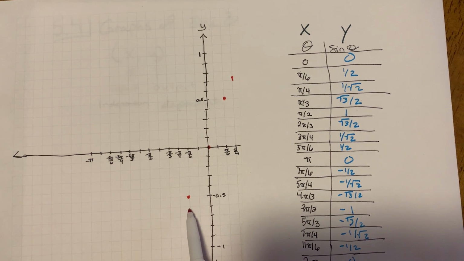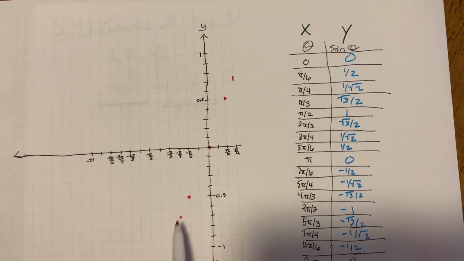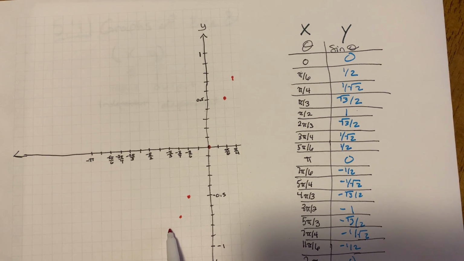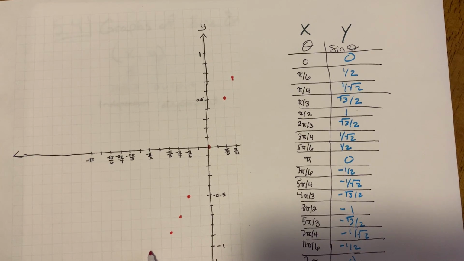Negative pi over 4, we're at negative 0.7. Negative pi over 3, we're at negative 0.866. At negative pi over 2, we're down at negative 1. And then we follow our pattern back.